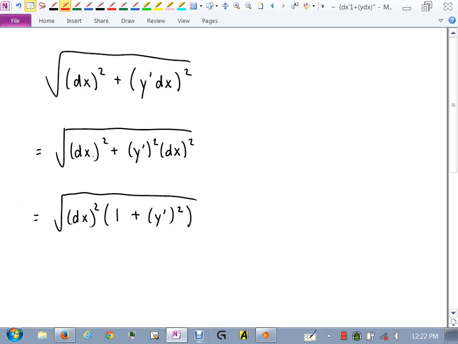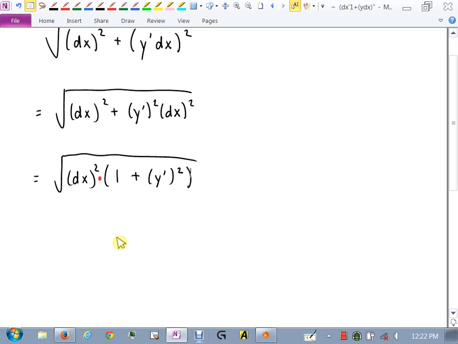And since I have multiplication here, I can split this into 2 square roots. And what's the square root of dx squared? Dx. And there's that dx that I wanted to pop out, didn't I?